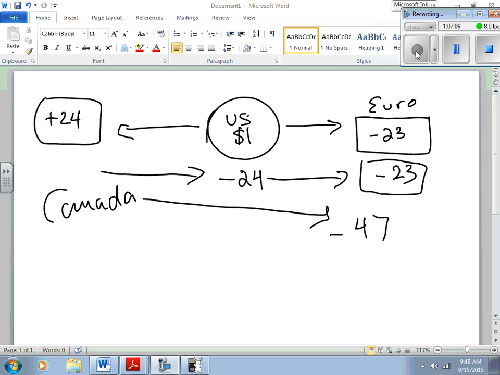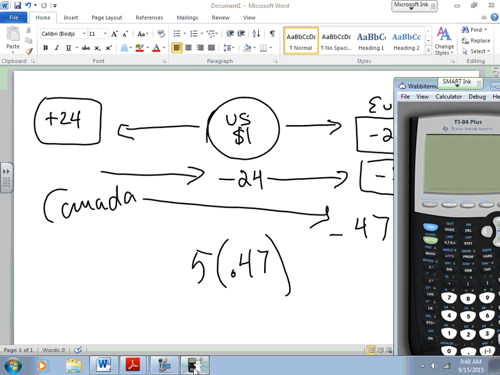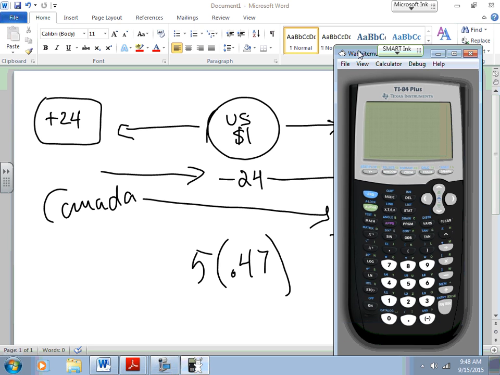So that's why when we multiply the 5 times 0.47, we take that number away from 5. 5 times 0.47 gave us 2.35.